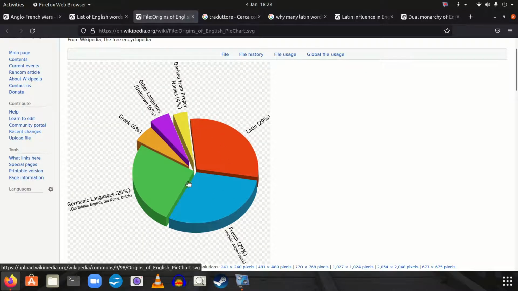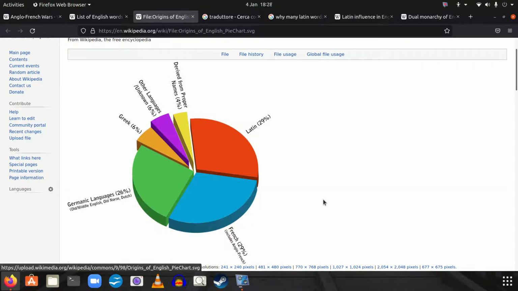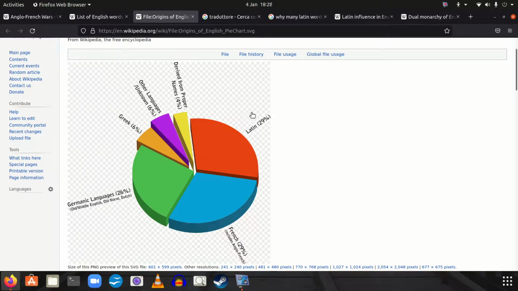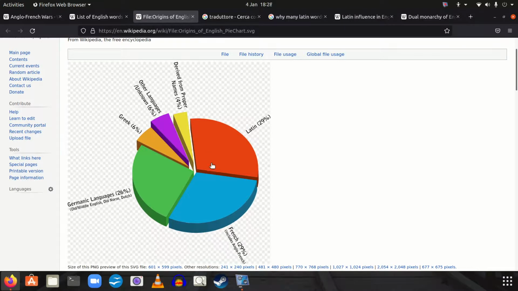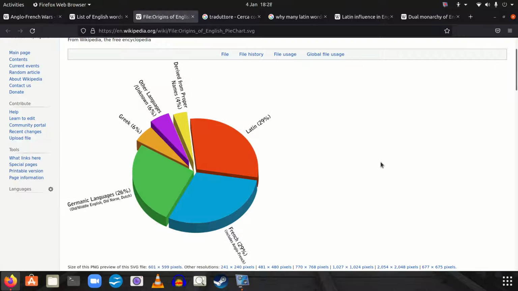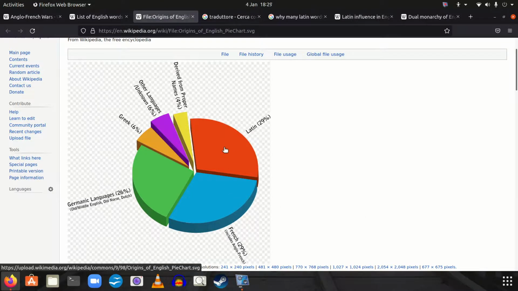So in total, as you can see, we are talking about more than half. Latin and French in total is 58%. So it's clear to see that a lot of words are coming from these two very important groups, the French language and the Latin.